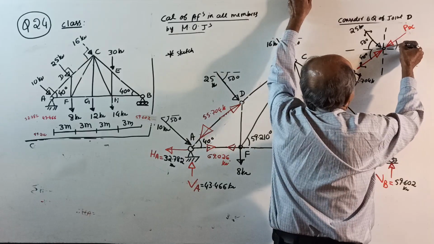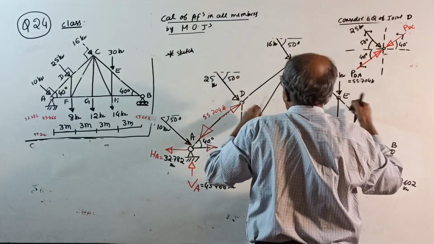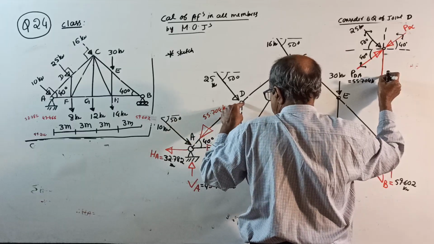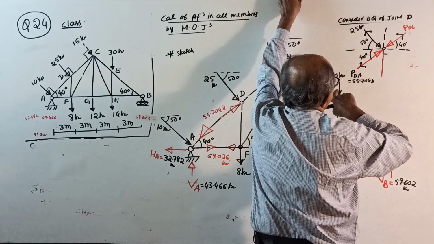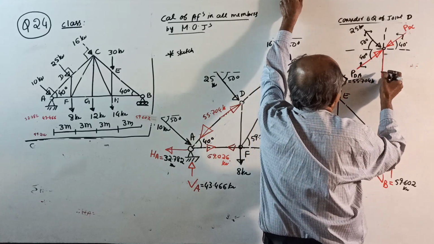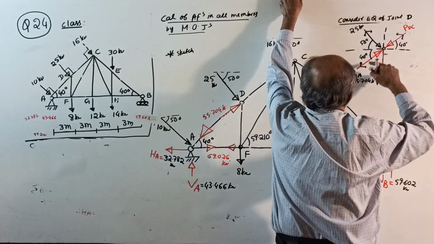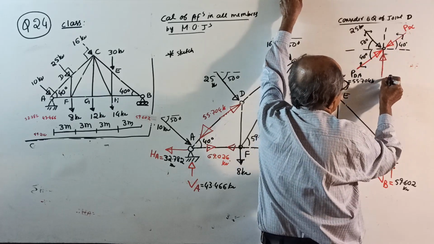This also has angle 40 degrees. One more force is vertical and unknown, PDF. I will take it as down. Anyway, one minute, I'll take the same way. We'll see later, because why confusion?